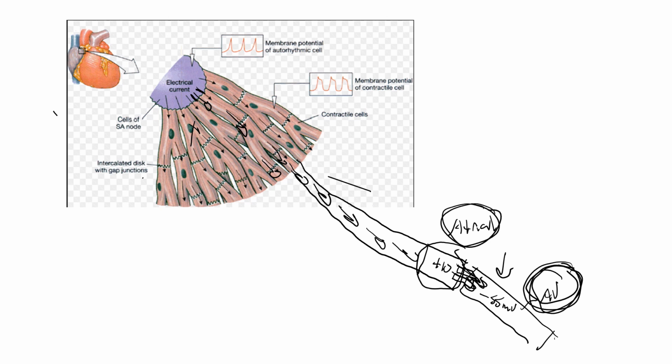So then the question, of course, is, what actually causes the AV node fiber to get to threshold? And the answer is, what actually causes the AV node fiber to get to threshold is the action potential propagating into the AV node fiber from the atrial fiber.